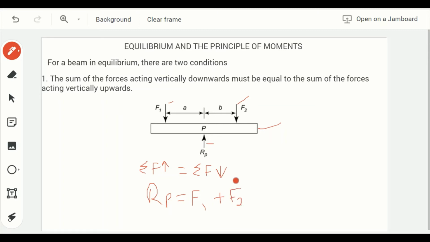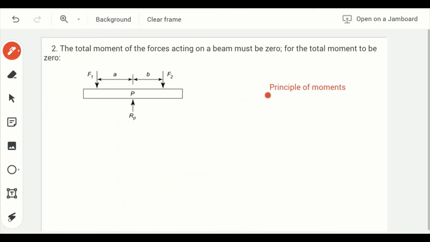So this is the first condition for beams in equilibrium. It says that the sum of the forces acting vertically upwards must equal the sum of the forces acting vertically downwards. Let's look at the second condition.